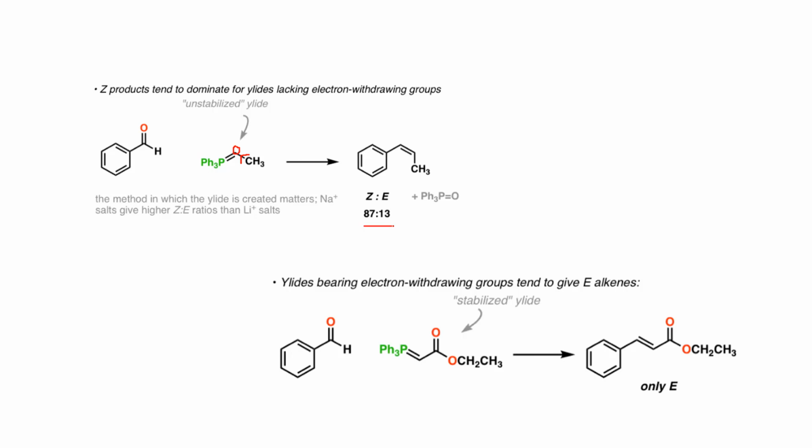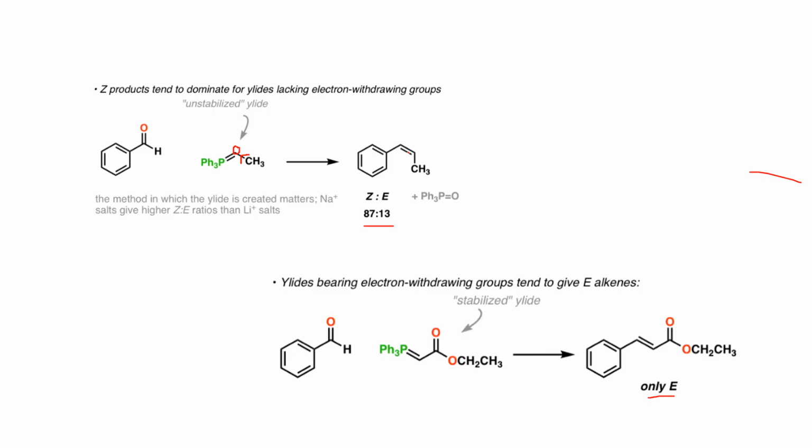But when there is any electron withdrawing group on the halide carbon, in that case we get specifically the E double bond. See, how E and Z can be determined, that we know.